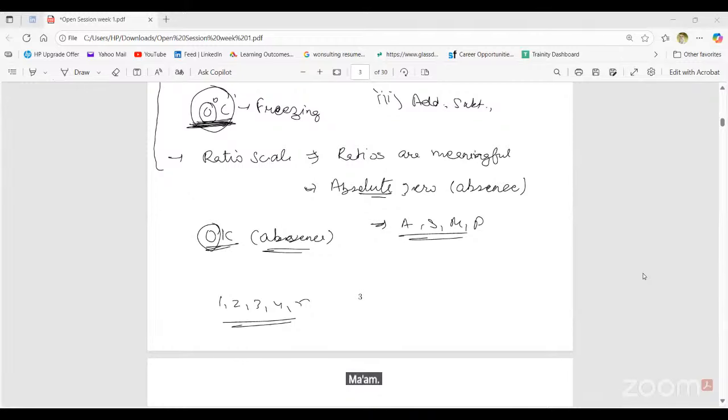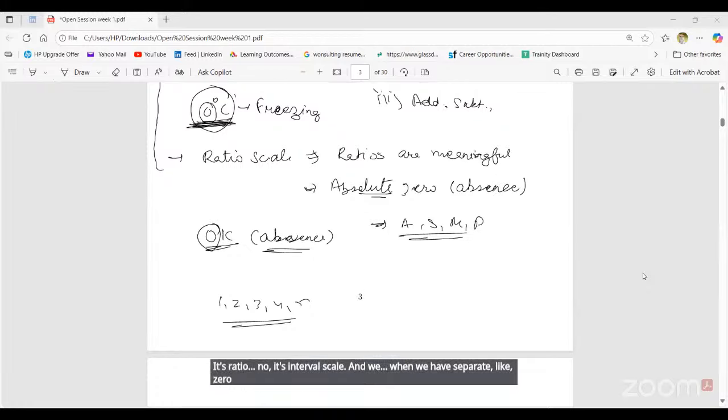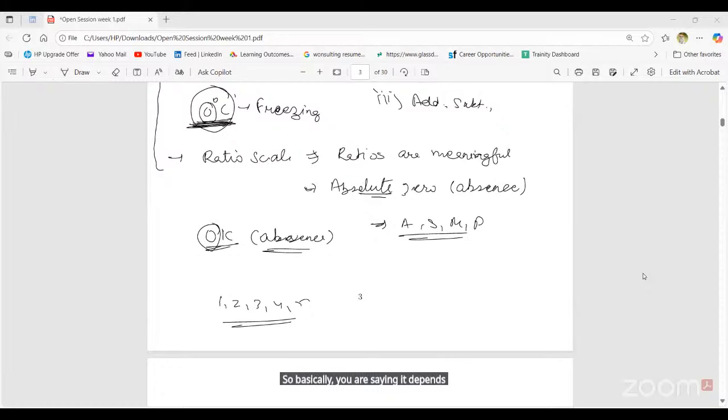Ma'am, if we have 0 to 90 degree and 90 to 180 degree, then it's interval scale. And when we have separate 0 degree and then 90 degree, then 180 degree, this is ratio scale. So basically, you are saying it depends on context, what the question has said to us.